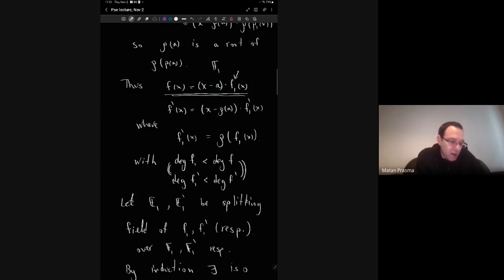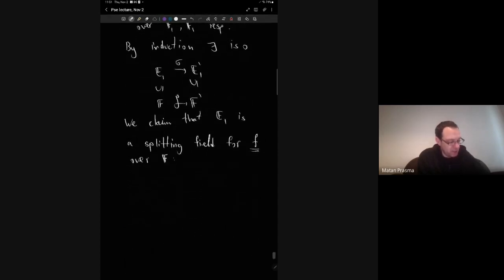So all in all, over E1, f splits into linear factors. And why is E1 the minimal field in which f splits into linear factors?